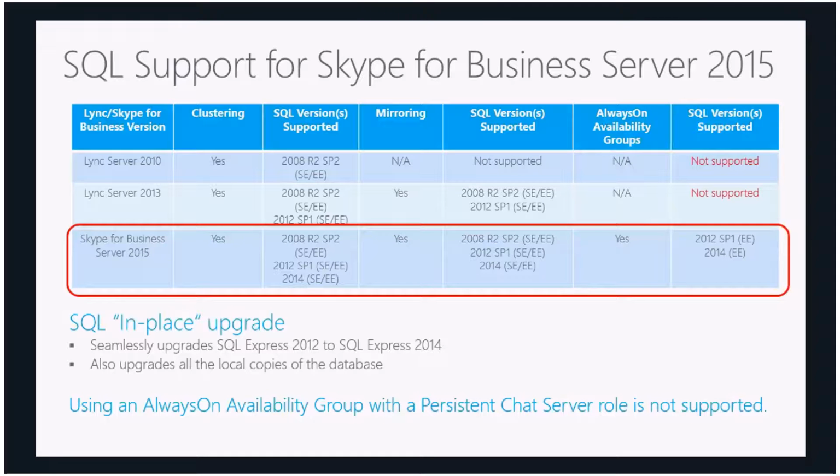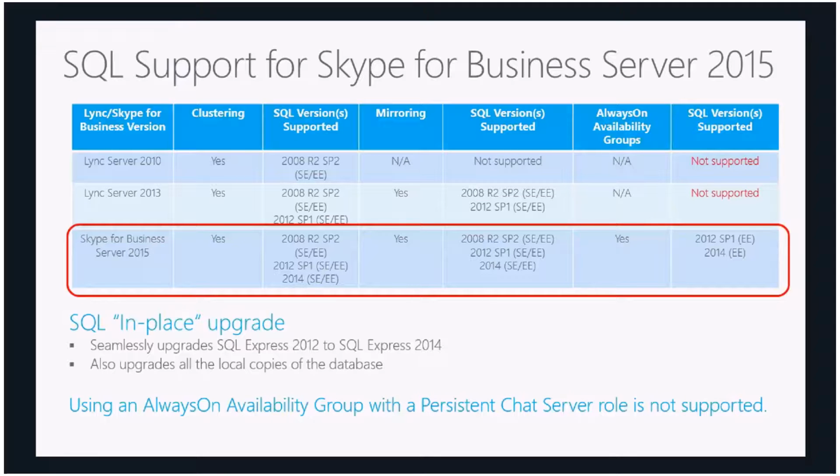So we can have 2008 R2 Service Pack 2, 2012 SP1, and 2014. But as far as using SQL Server Always On availability groups, what we have to do is be at, as the far right-hand column mentions, 2012 SP1 Enterprise Edition or 2014 Enterprise Edition.